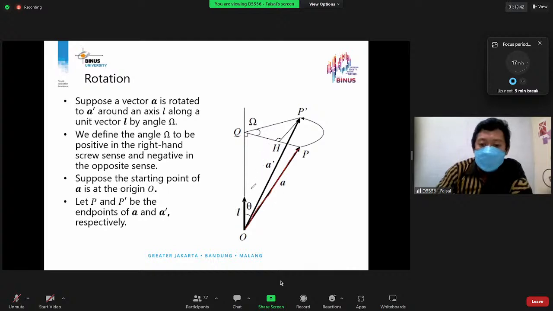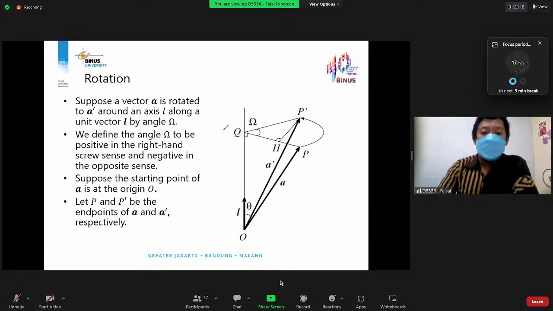This is the line L, the line with the direction L. This is the direction vector. We also assume this direction is a unit vector. So we have a vector and we have a line, an axis.